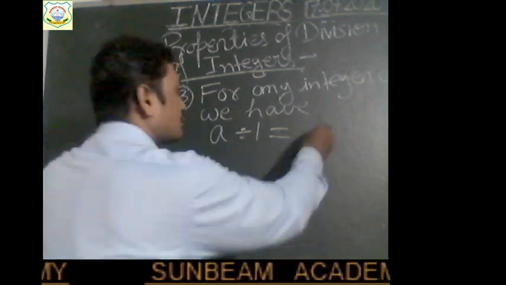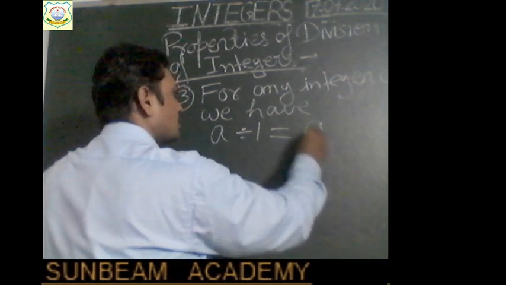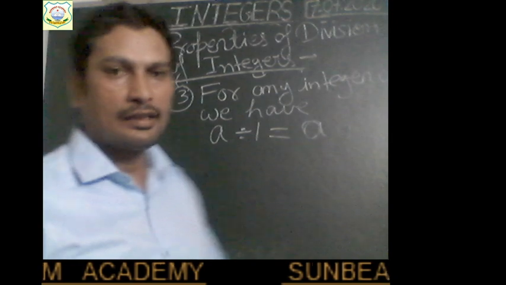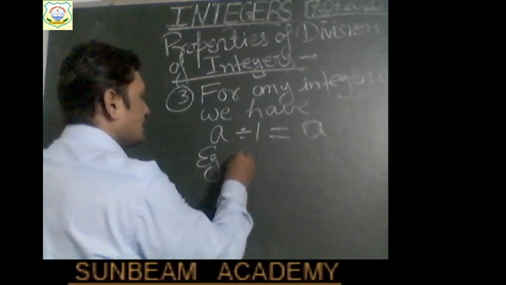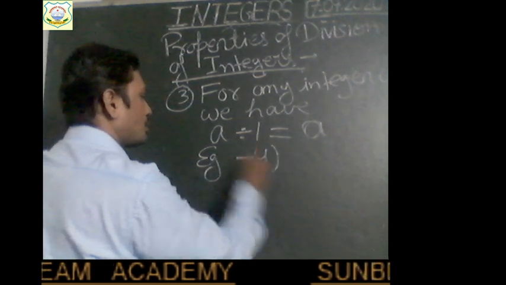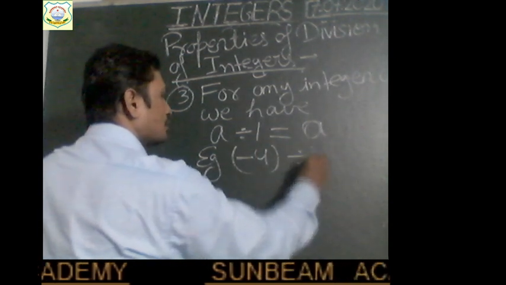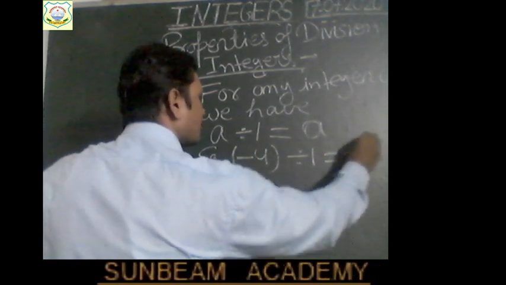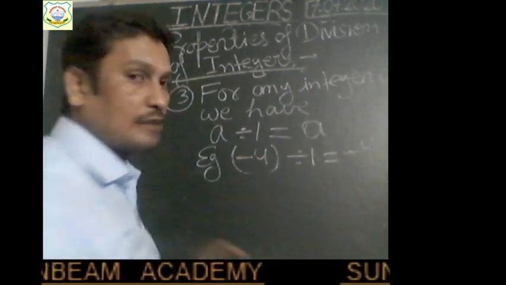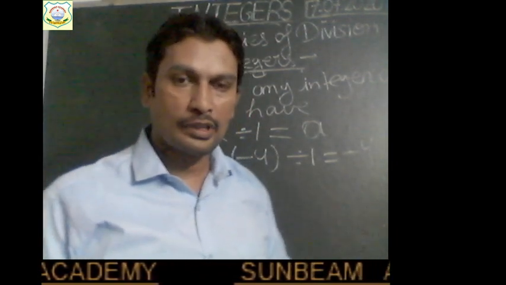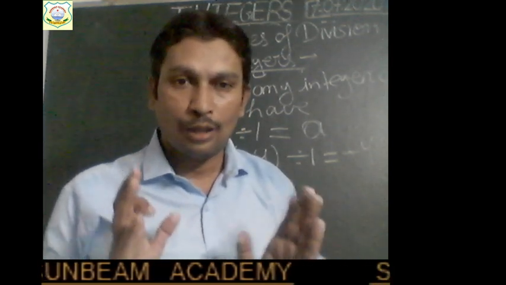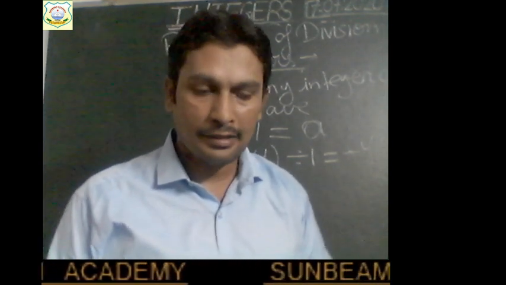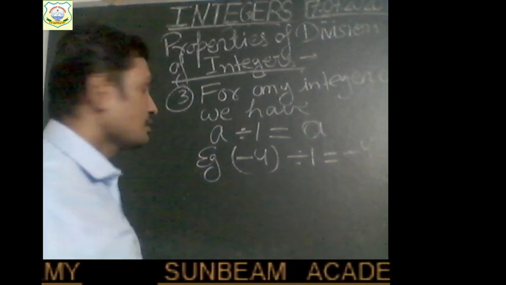We get the same integer on the other side. Am I right? For example, if we divide -4 by 1, we get -4 on the other side. The sign will not be changed, the number will not be changed. The same number will be obtained on the other side. Right? So this is the third property.